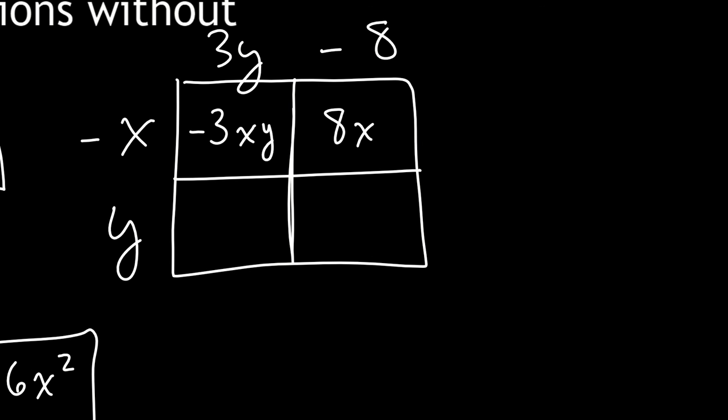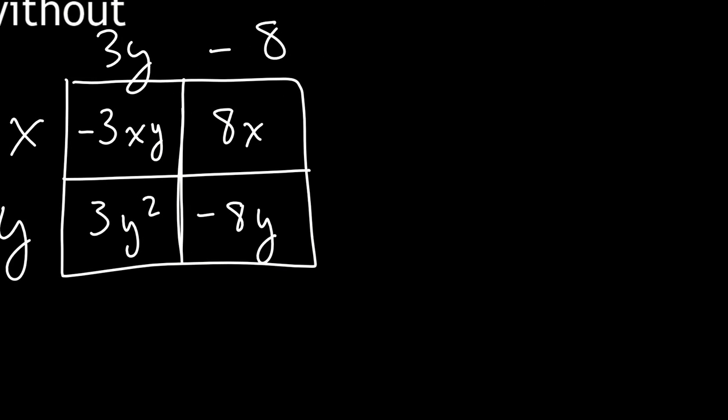Then I've got a 3y times another y, which would be 3y squared. And then my final part is a negative 8 times a y, which is going to be a negative 8y. So I do not have like terms that I can combine here.